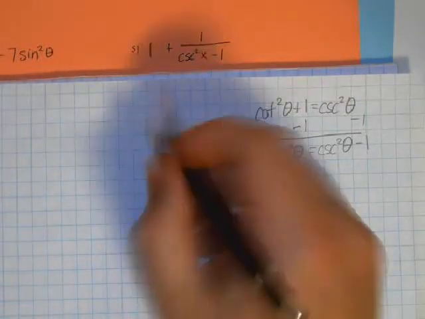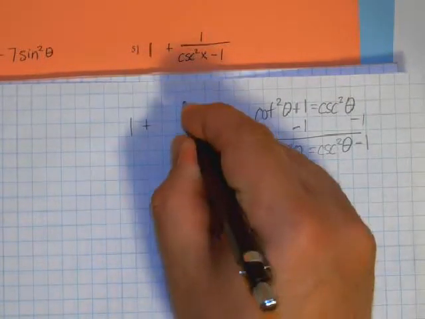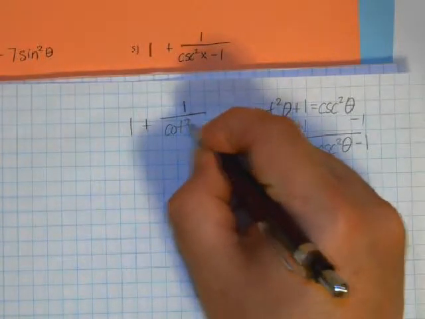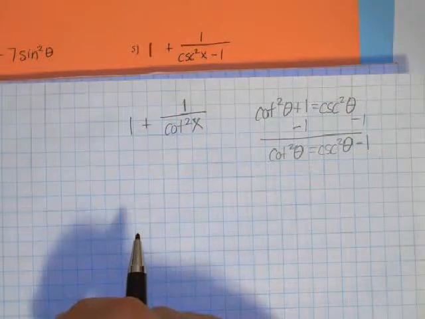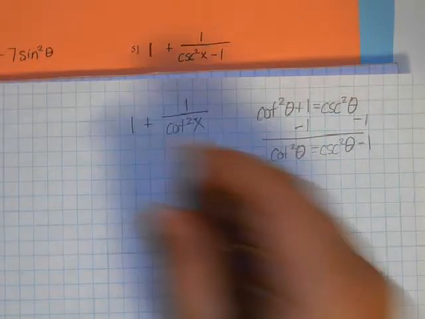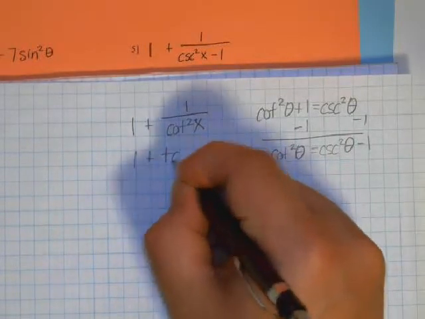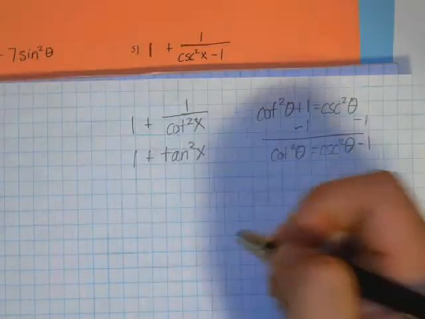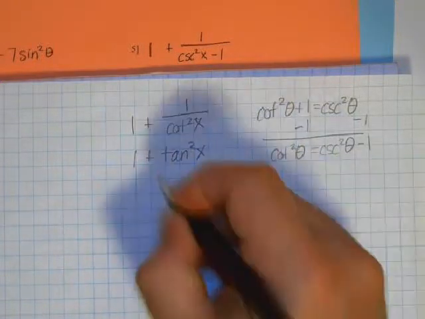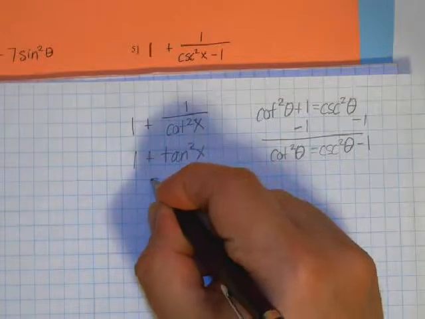So looking up here, I could rewrite that as 1 over cotangent squared. And then we know that cotangent squared is the reciprocal of tangent squared. Looking at our Pythagorean identities, we know that tangent squared plus 1 is secant squared.